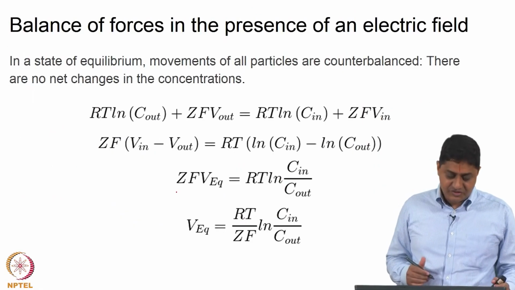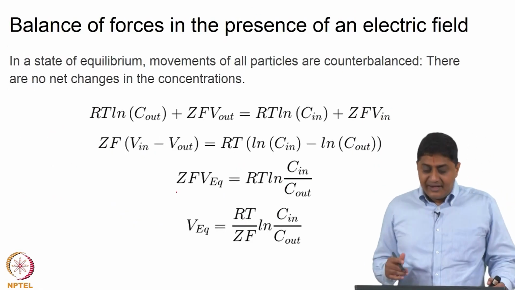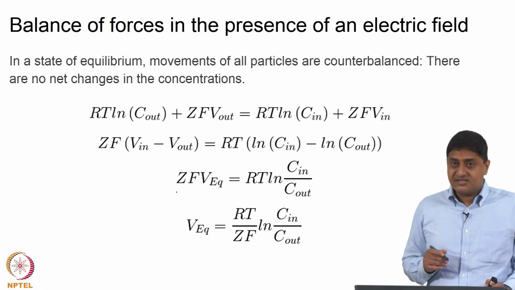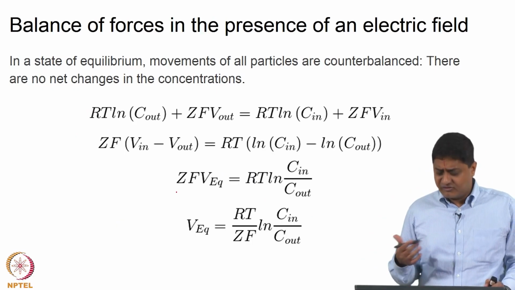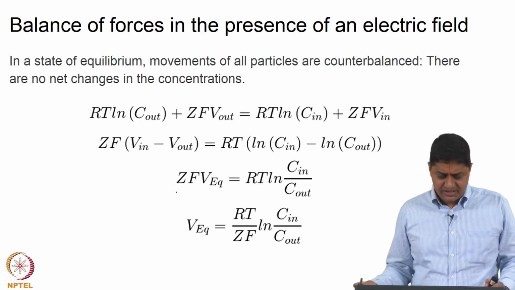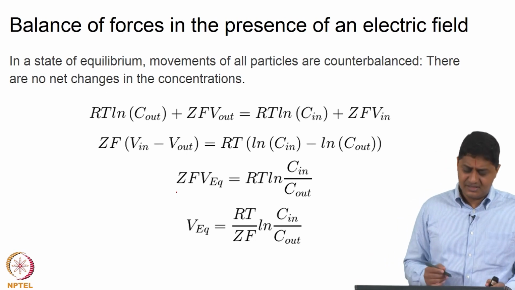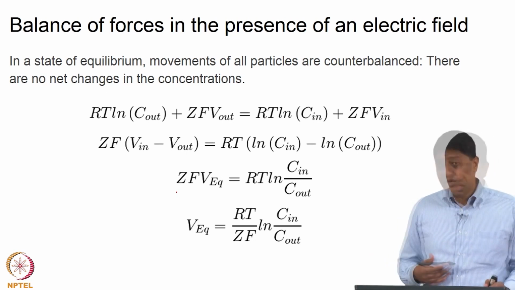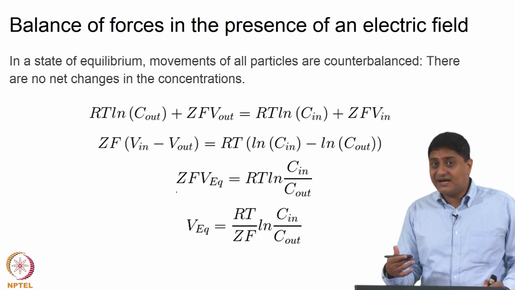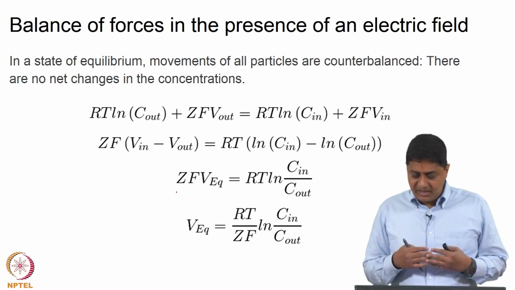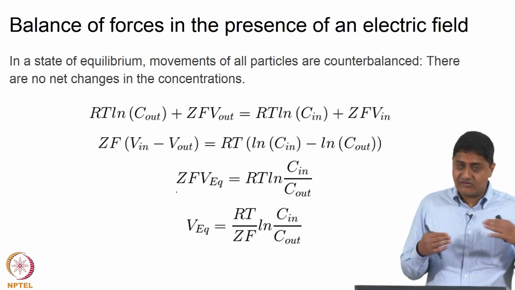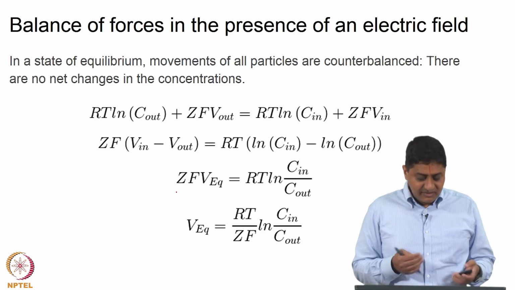So, that is the situation. In the state of equilibrium, the net movement is approximately 0, or the movement of all particles is counterbalanced. So, there are no net changes in concentrations anymore. Although there may exist a gradient, this cannot be further changed because of the potential gradient, right. So, that is the situation.